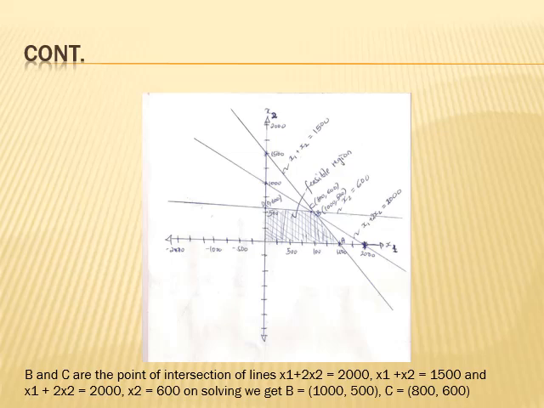The problem concerns two points, C and B. Sorry, B and C. B and C are the points of intersection of the lines or equations x1 plus 2x2 equal 2000 and x1 plus x2 equal 1500.